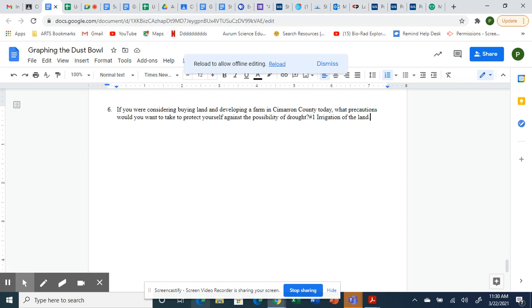So this is an irrigation system. I bought the hoses with the little holes in it, so it just drips. So that would be number one that I would do.